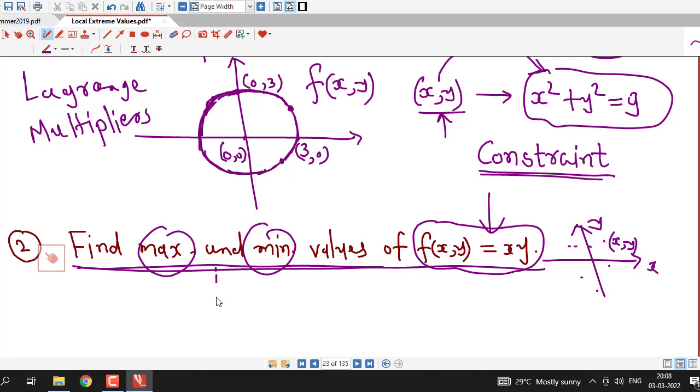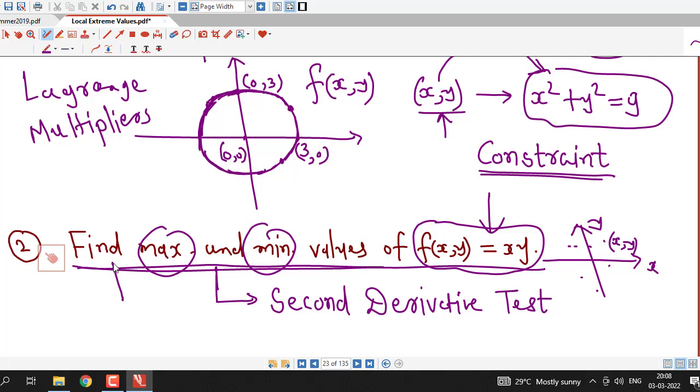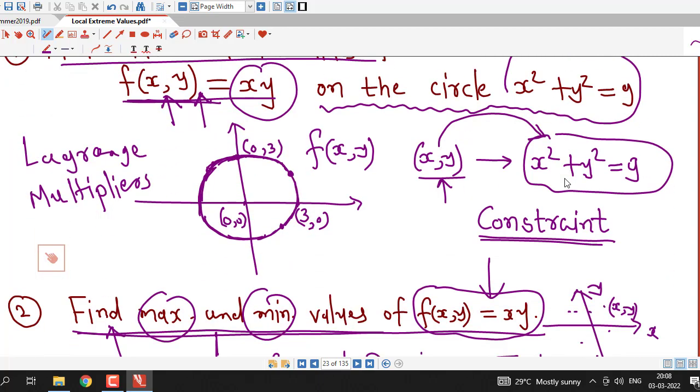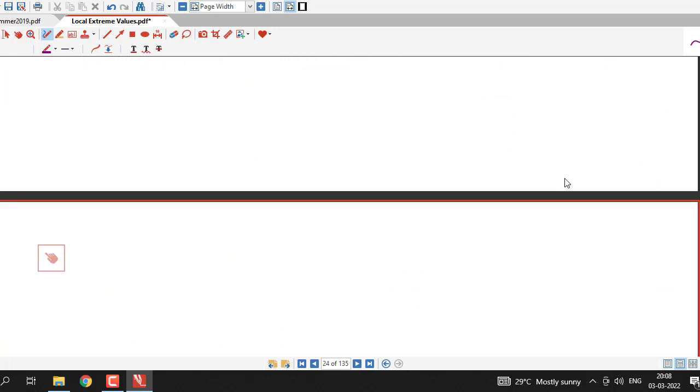So if there is no restriction, we apply the earlier method which we discussed in the earlier 4 or 5 lectures, that is the second derivative test. But if we have a problem of finding maximum and minimum values of some function subject to some condition, then we apply the method of Lagrange multipliers.